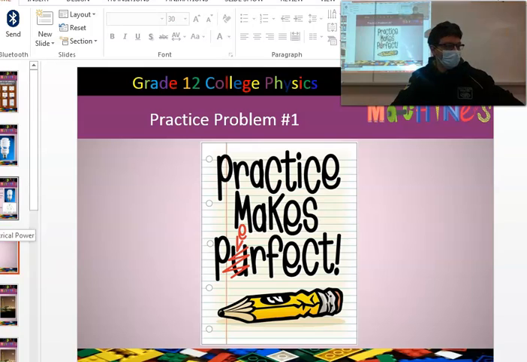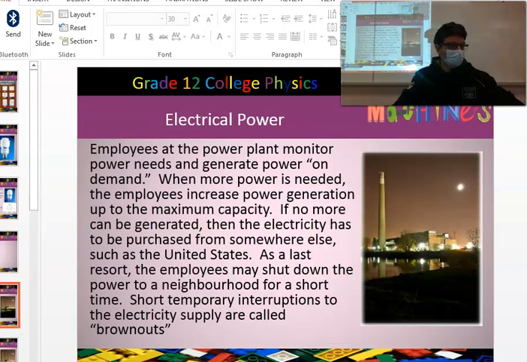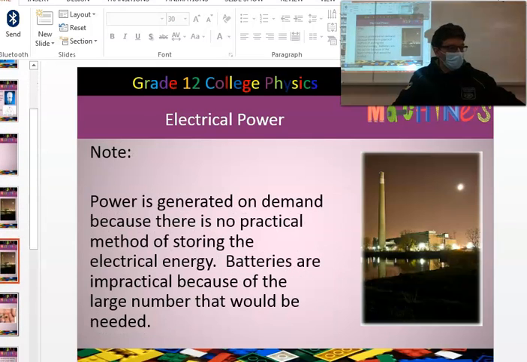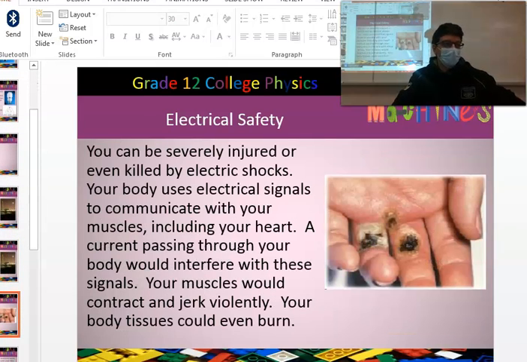Alright, so safety. Actually, let me come back to power later. So in an electrical circuit, you can be severely injured. Your body sends electrical signals. You have natural electrical circuits in your body, right? And that's used to send signals to communicate throughout your body, to your muscles, your heart, and so on.